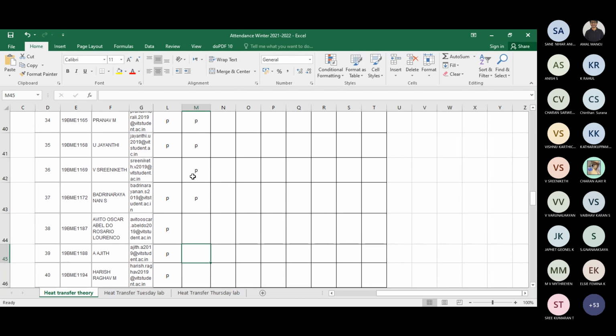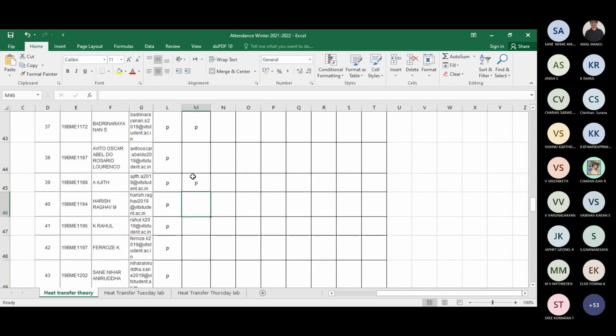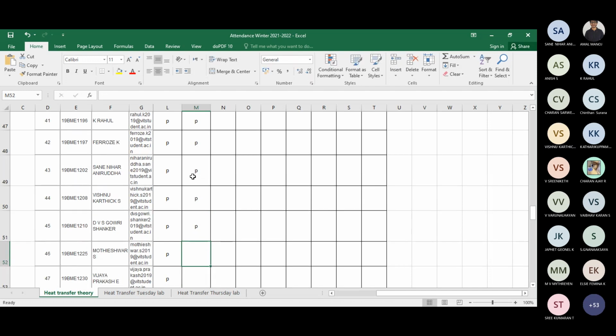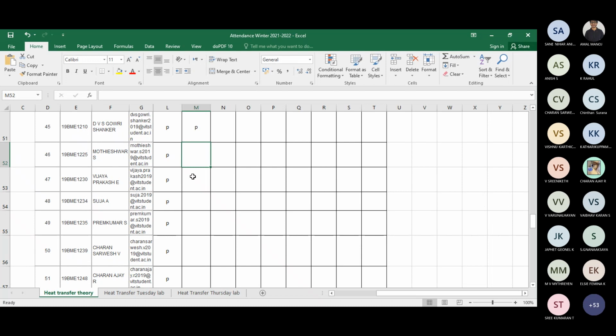Ajit, present, sir. Harish Raghav, present, sir. Rahul, present, sir. Firoz, present, sir. Nihar, present, sir. Vishnu Karthik, present, sir. Gauri Shankar, present, sir. Jay Prakash, yes, sir. Prem Kumar, yes, sir.